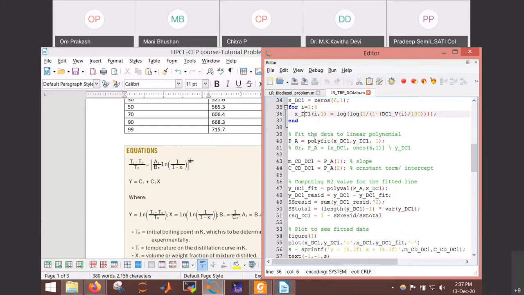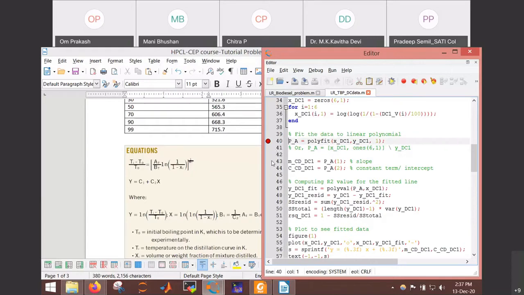Instead of this, you could have done this also, where you just write the x value, introduce a column of ones, and then use this operator. So both are the same.